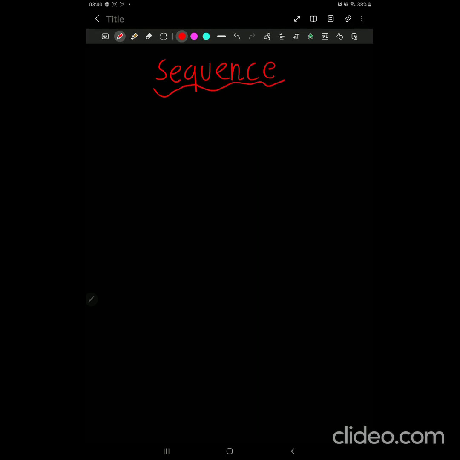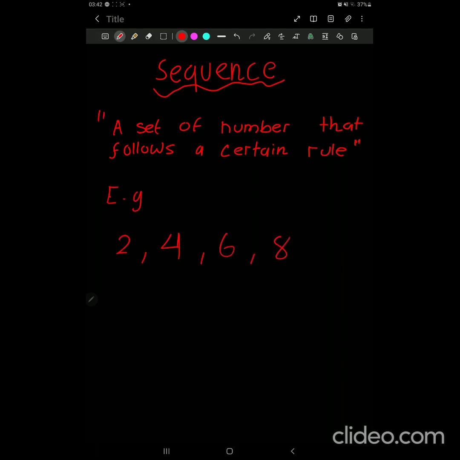So in today's video we will learn about sequence. Sequence is basically a set of numbers that follows a certain rule. An example of a sequence will be like this. Here, as we can see, we have 2, 4, 6 and 8, and to each of the numbers we add 2: plus 2, plus 2, plus 2.